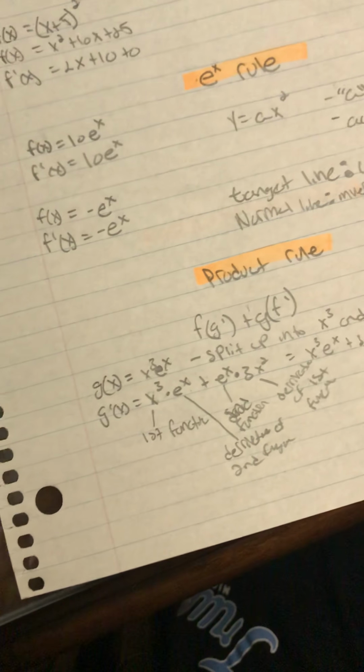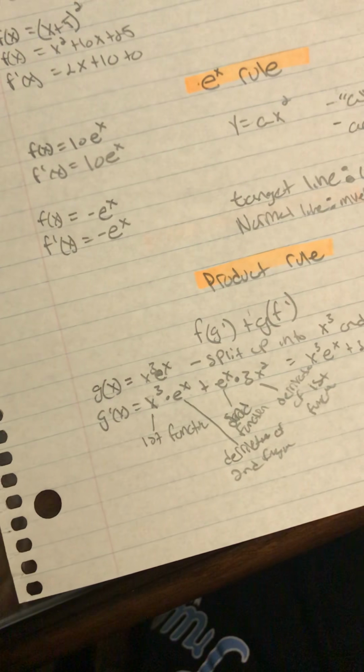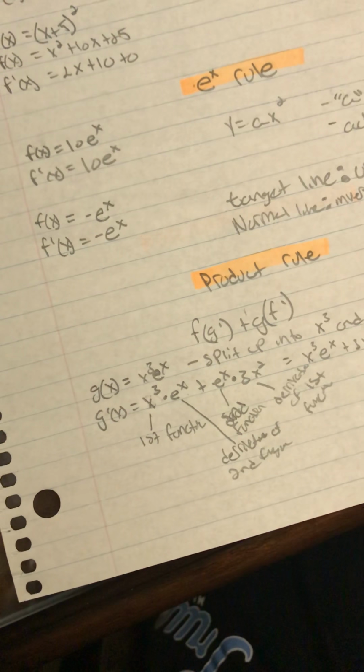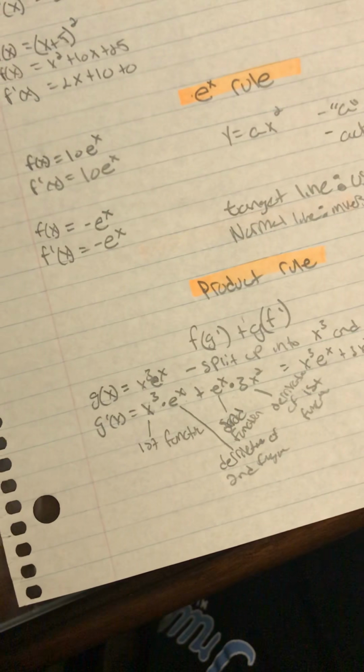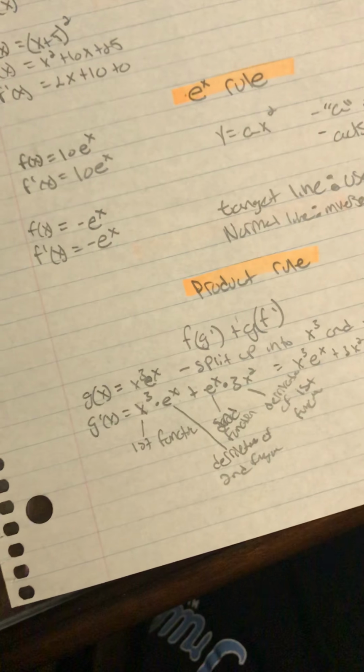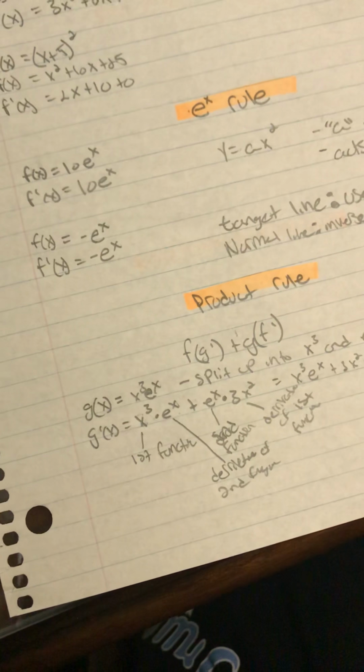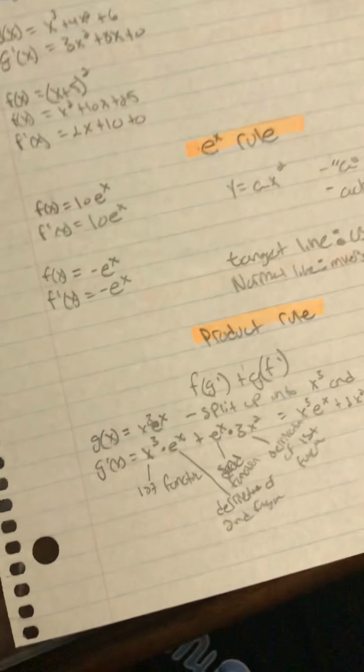Then you have to add your regular g of x, which is e to the x, and you multiply that times the derivative of the f function, which is x to the third, which would be 3x squared. And you multiply it out, and this is what you get for your answer.